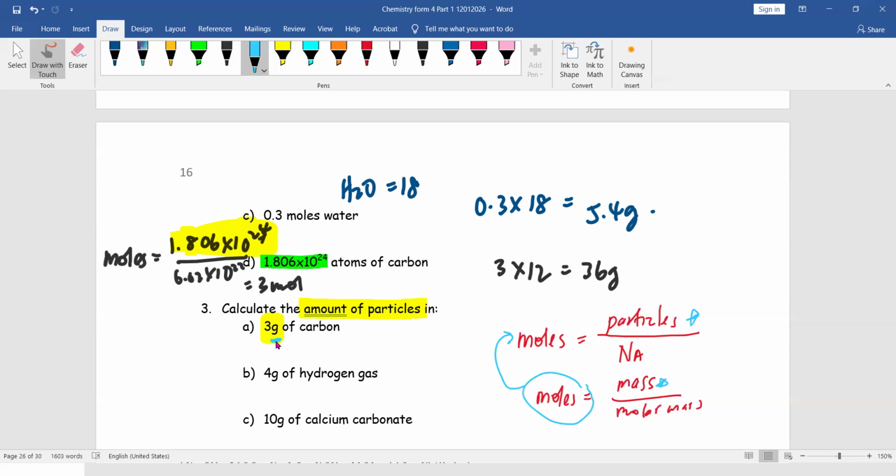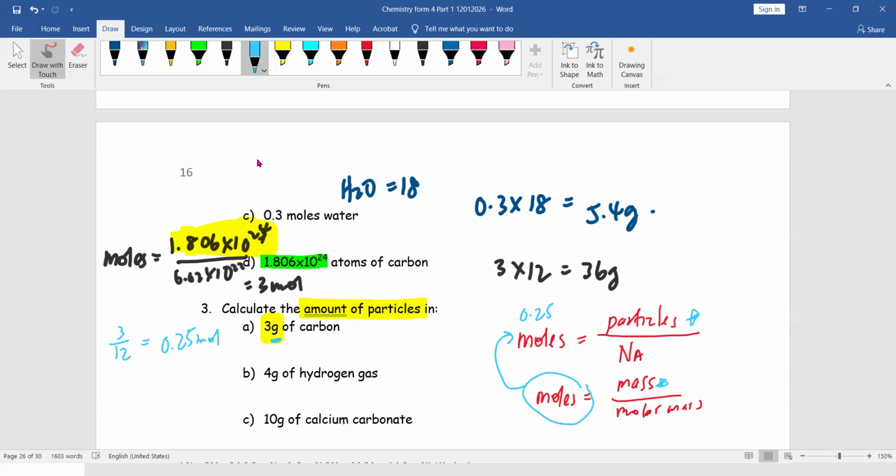Now I got gram. Gram is mass, right? Which formula do I use? Mass over molar mass or particles over Avogadro constant? Okay. Use lah. Use already? Yeah, I think that's correct. 3 over 12 equals to 0.25 mole. Correct? Okay, now this is mole. I'm asking you how many particles. So if this is 0.25, I just take this, multiply Avogadro constant.